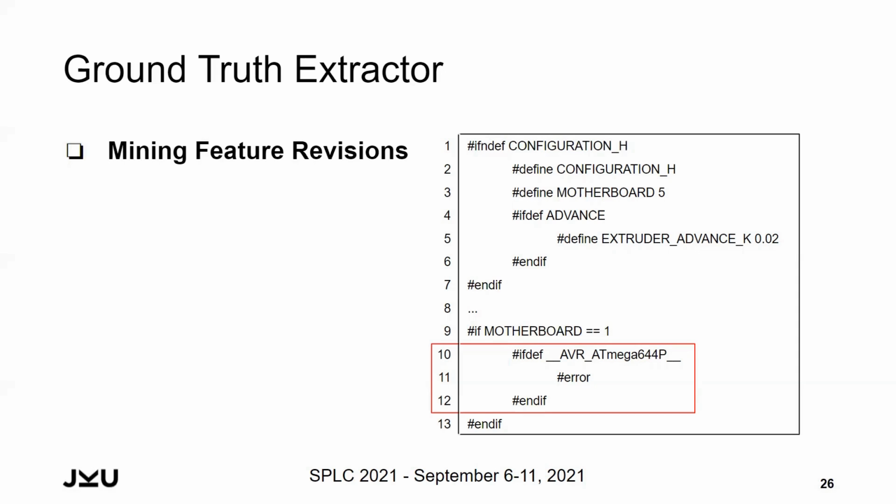So for example, in this slide, if the changed line is line 11, we would assign to this line the feature revision AVR ATmega644P, but we also need to have in the configuration the feature that activates motherboard, because this code will only be executed if the motherboard is equal to 1.